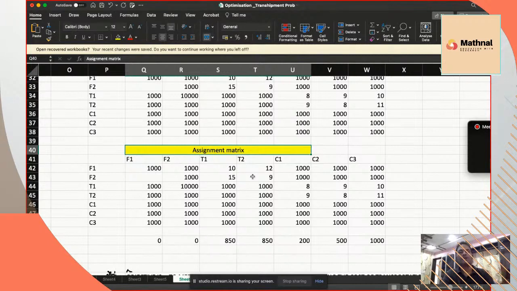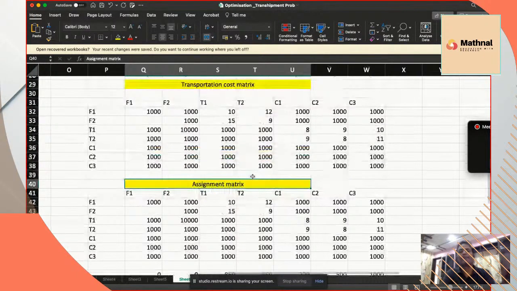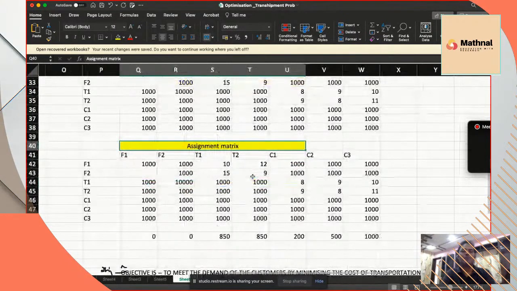How much supply responsibility to be assigned to factory 2 in a way it reaches C1, C2, C3 and the total transportation cost is minimized. How much factory 1 has to ship to transshipment points 1 and 2 in such a way that we meet the demand of customers C1, C2, C3 at a minimum cost. This is the objective.